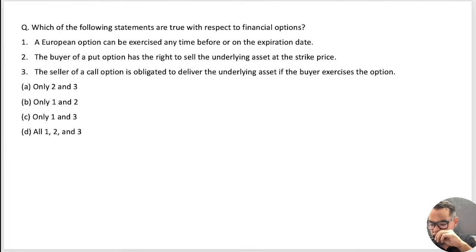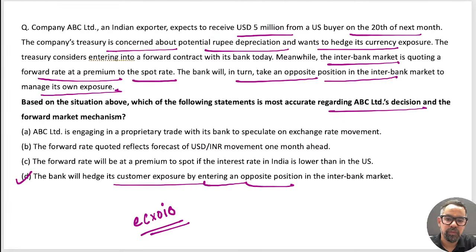Next one, guys. Which of the following statements are true with respect to financial options? Option 2, just a minute. The bank forward quoted reflects the forecast USD INR movement in 1 month. See, this is not clear about the outcome, what they want to achieve from this one.